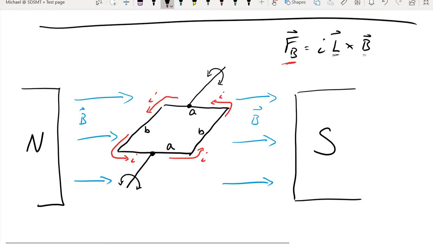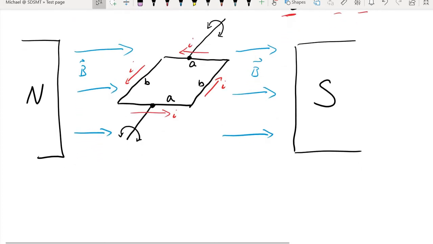Well, now that we have current running through all 4 legs of this coil, we want to see what's happening in terms of these magnetic forces. This is the reason why I chose a rectangular shape for the coil, because I want to see how each leg of the coil is affected by this cross product method. Now I'm going to go ahead and redraw these currents. We know that it's traveling in kind of a counterclockwise direction, but I want to specifically show how the current is traveling with respect to each leg individually.